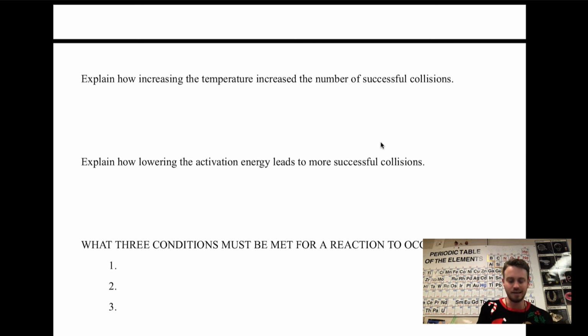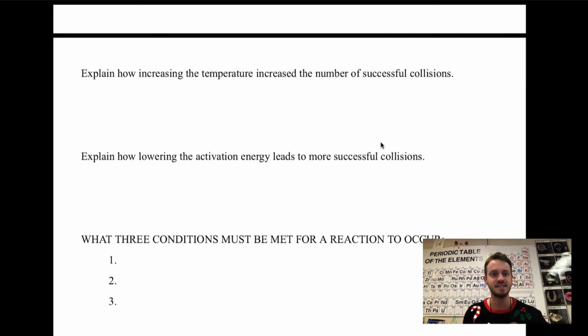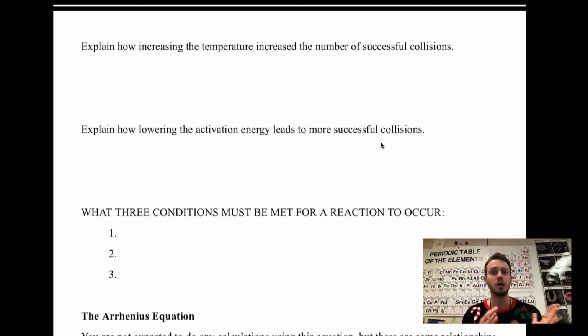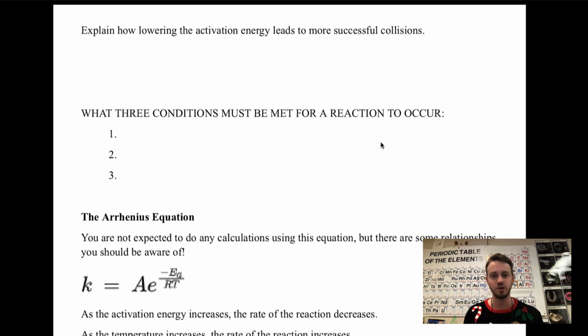You can go ahead and write this. I'll post this on Canvas so that you can see my explanations. I just don't want this to go long, but you can also rewind me and see what I was saying. Basically, if you increase the temperature, then there are more collisions that overcome the activation energy. If you lower the activation energy, then there are more collisions that have sufficient energy to overcome the activation energy.